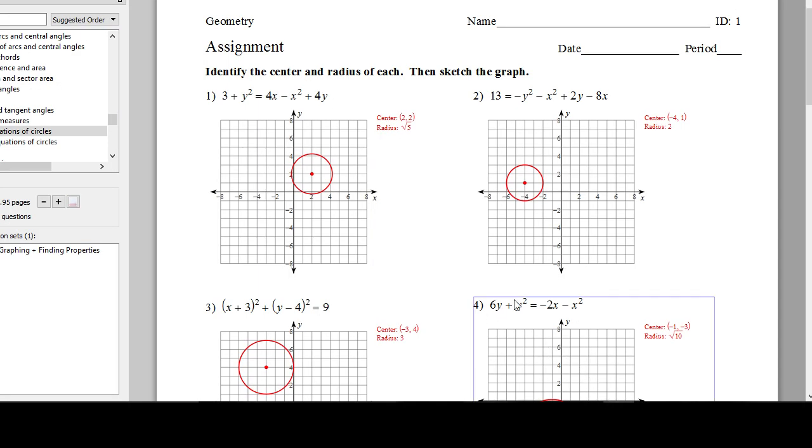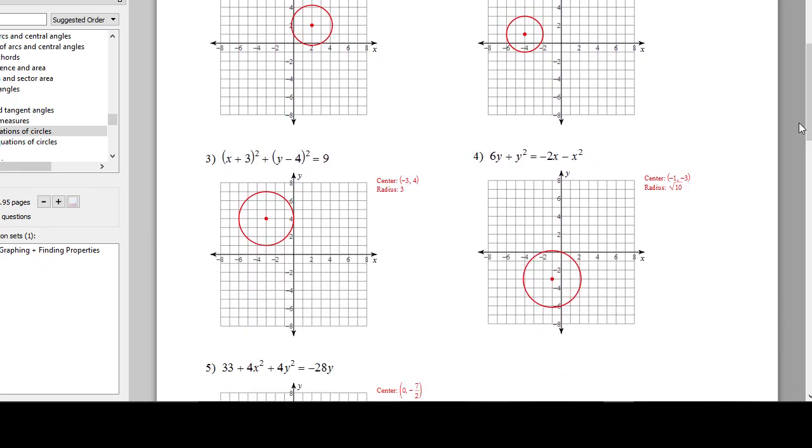One more time. Number 4. Okay. 6y plus y squared equals -2x minus x squared. So would you set it equal to 0 on one side? Yeah.